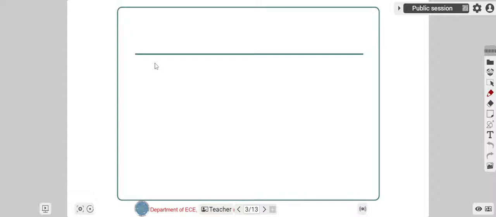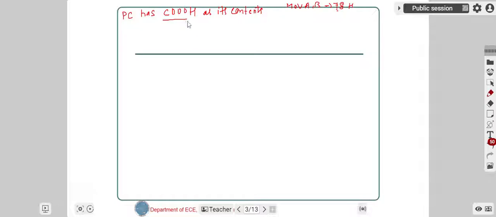So let us say that the program counter, PC, has C000H as its contents, because we are starting to execute a program whose first instruction has been stored in this location, and that instruction is move A comma B. The opcode for this instruction is 78H, and let us suppose that we have stored that 78H in this location C000H.